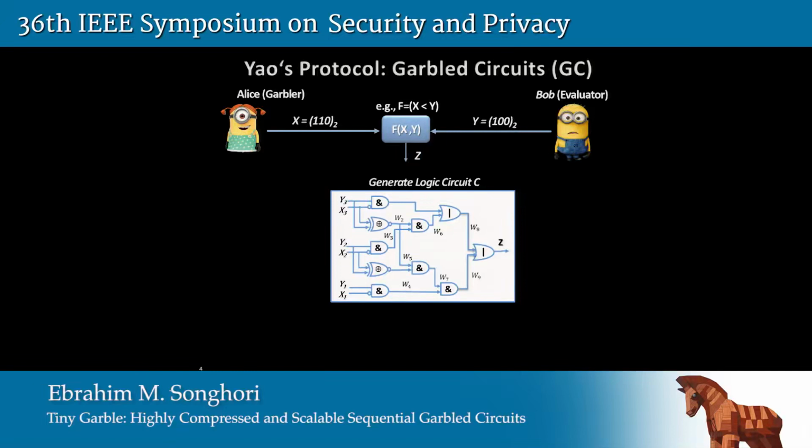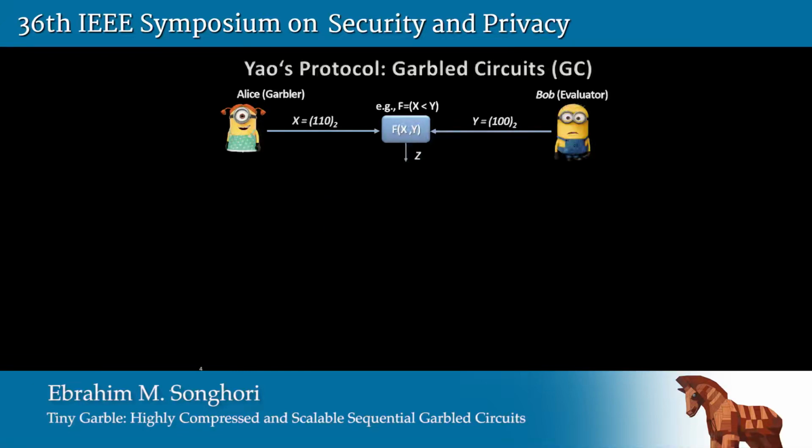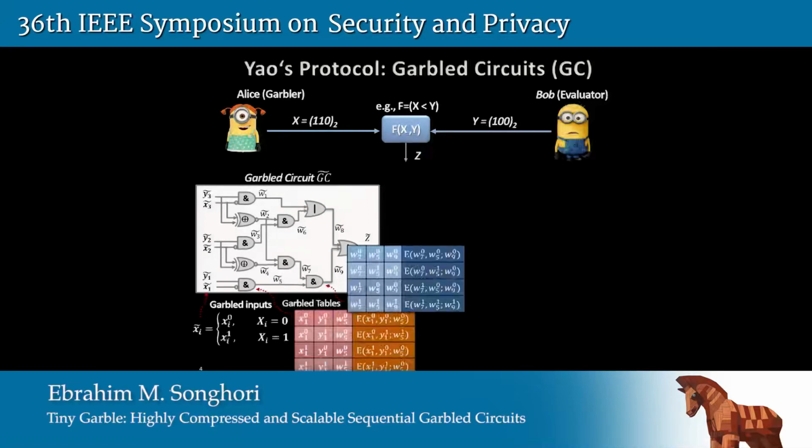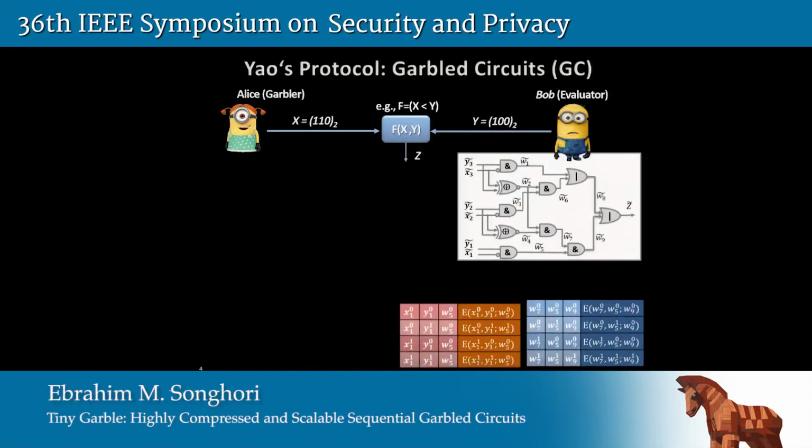The next step, Alice needs to make a garbled circuit, which is the randomized and encrypted circuit, the same as the Boolean circuit. Alice also encrypts all the truth tables in this randomized circuit and sends them to Bob. Bob cannot open them unless he has the input labels or input randomized wires.